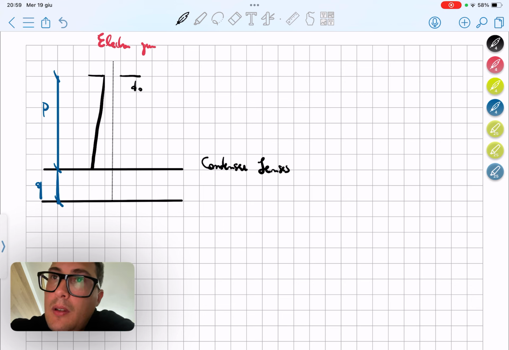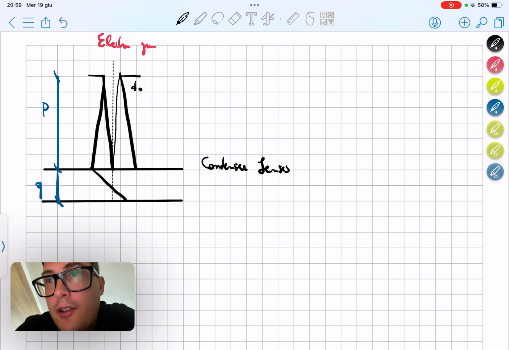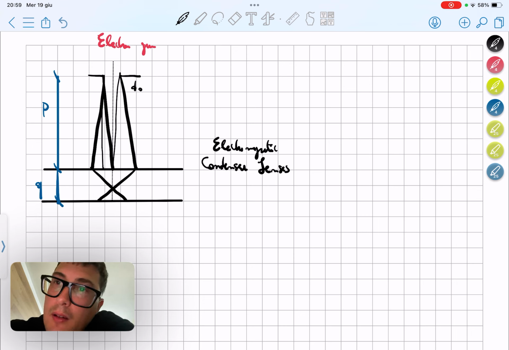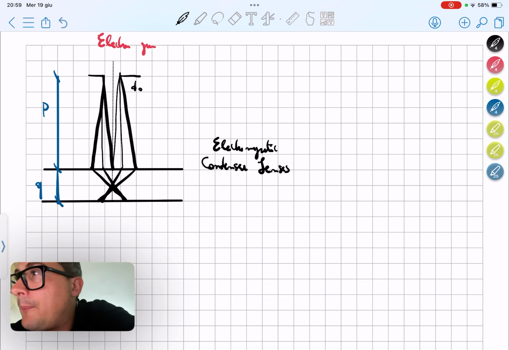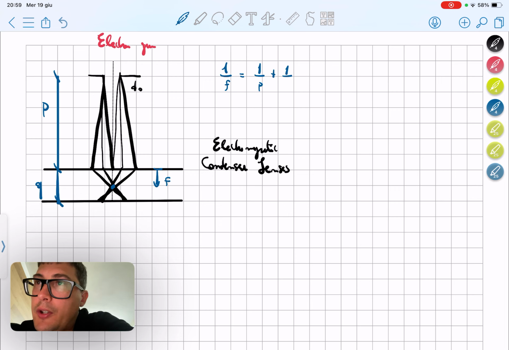Because of the interaction with the electromagnetic lenses, we will have the effect of making the beam cross the optical axis at a distance that we can call f, in such a way that 1 over f is 1 over p plus 1 over q.